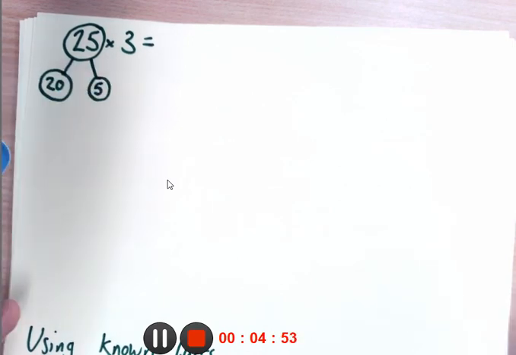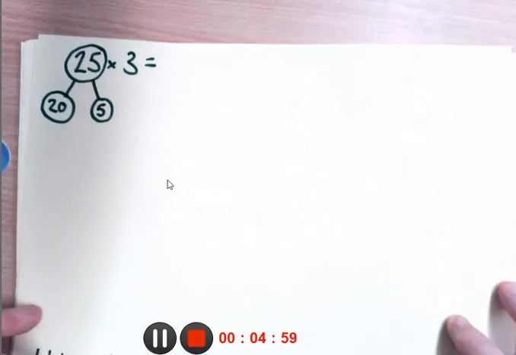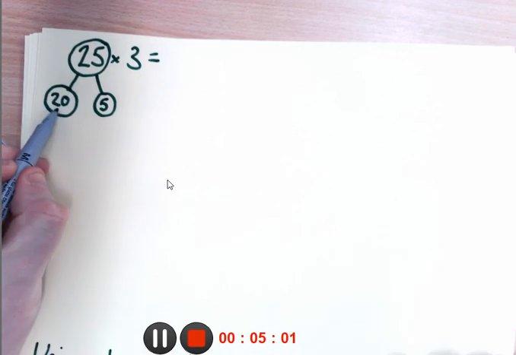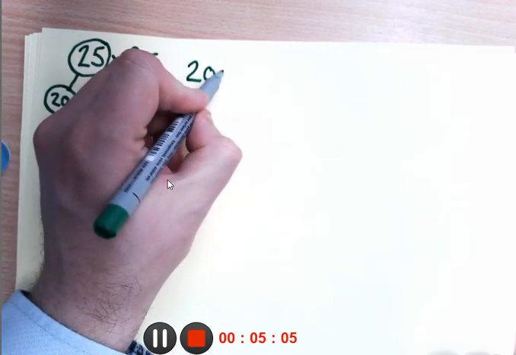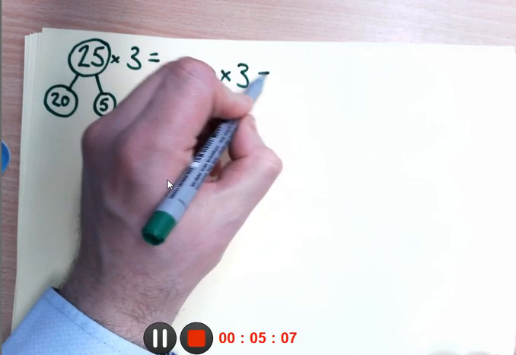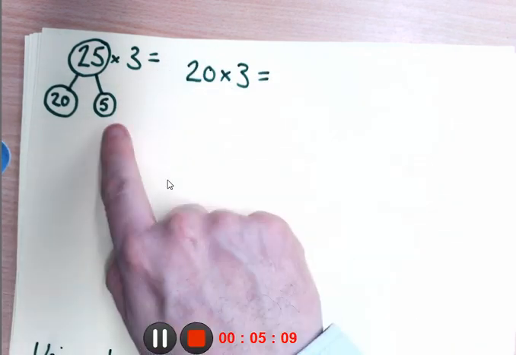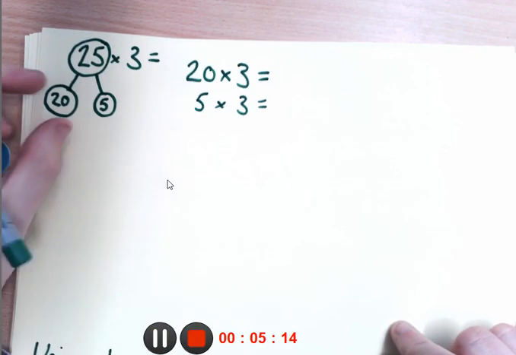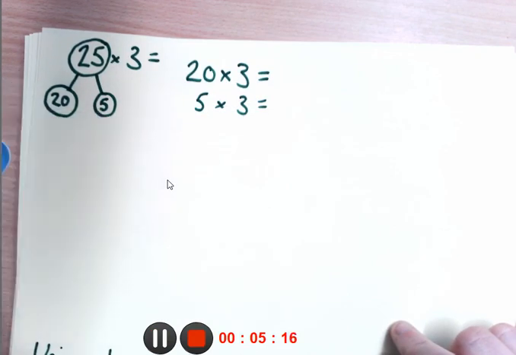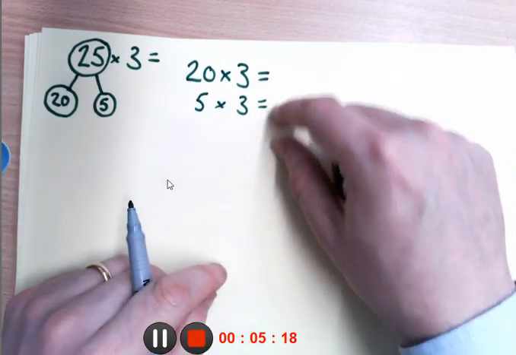And then this time, instead of using resources or pictures, we're going to go very abstract and just use the number digits to support us here. So we're going to look at the tens first, so we'll do 20 times 3 first, and then we will do 5 times 3 afterwards. So we're doing the tens first and then the ones in small manageable steps.